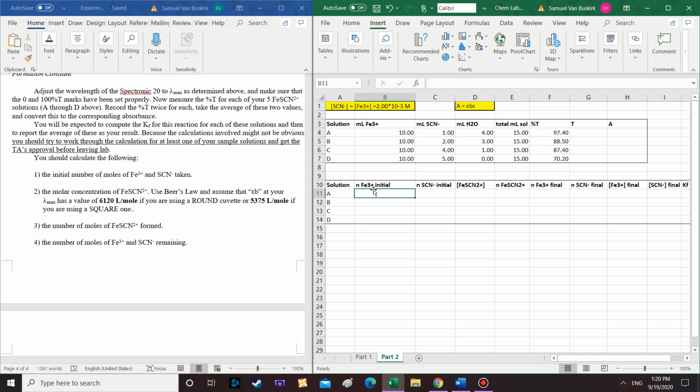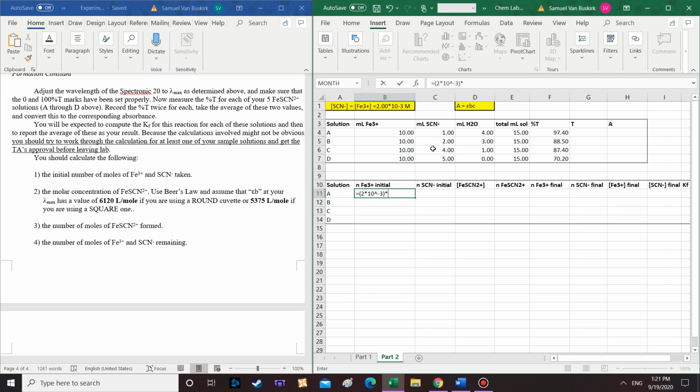So now, okay, we're going to do this calculation of initial moles. So I'm going to go into Excel and type equals, which again is just telling it I'm going to calculate something or that I'm going to put in a formula. So we're going to do equals, and then we're going to do the concentration up here, which is parentheses, 2 times 10 to the -3rd, okay?